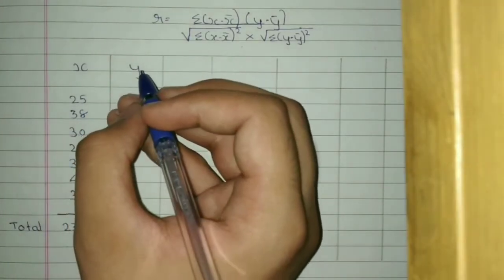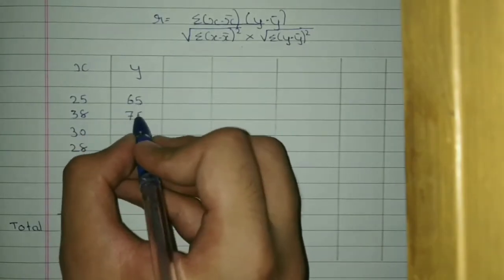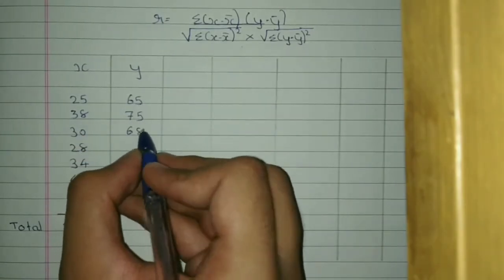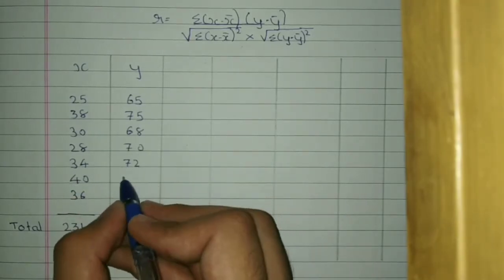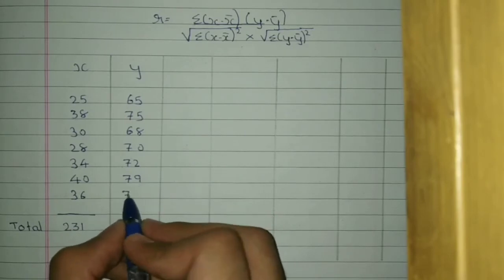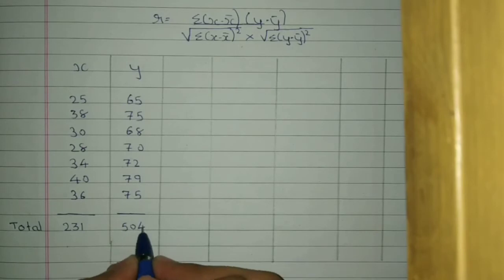Data of y is 65, 75, 68, 70, 72, 79, 75. The total is 504.